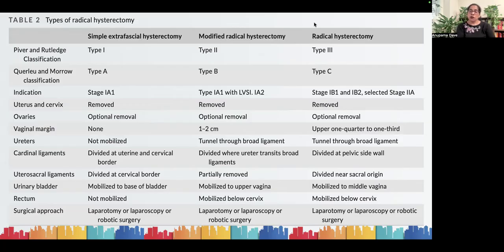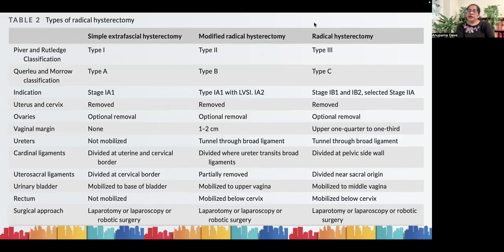Now let us look at what a radical hysterectomy means. It is a type C hysterectomy done for stages 1B1, 1B2, and selected cases of 2A. In this, more of the vagina is removed, the upper 1/4 or 1/3. Ureters are mobilized.